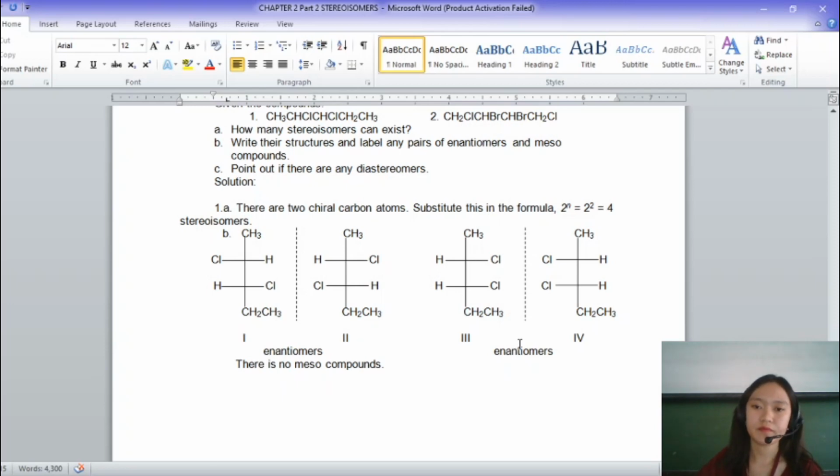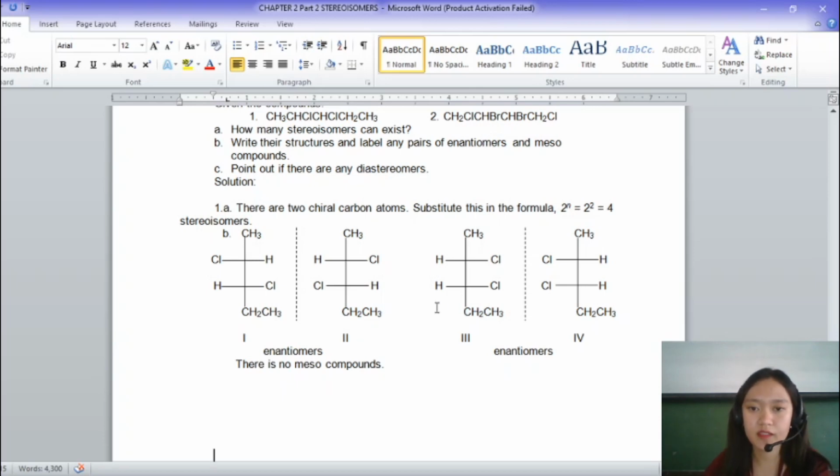Then, ano pa ang kailangan? Ilang diastereomers. So, sabi is if there are more presence of enantiomers, then the number of diastereomers will also increase.